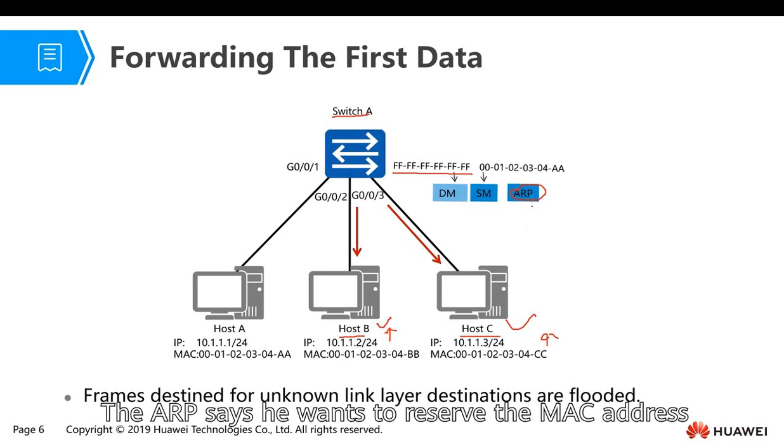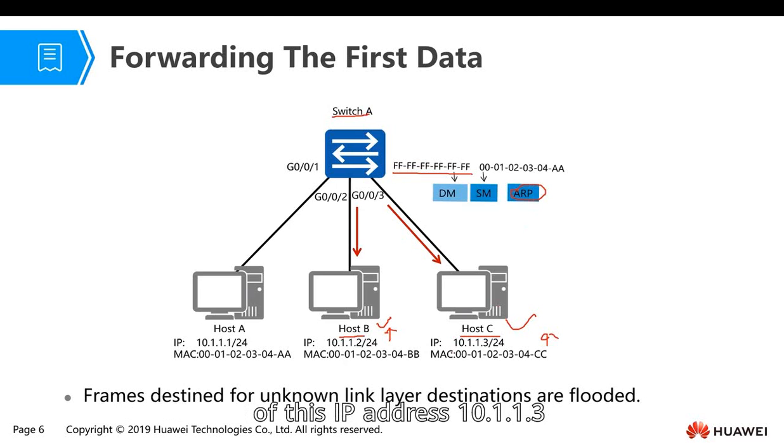The ARP request says it wants to resolve the MAC address of IP address 10.1.1.3. Host B sees that the IP address to be resolved is not its own, so host B just drops this ARP request.